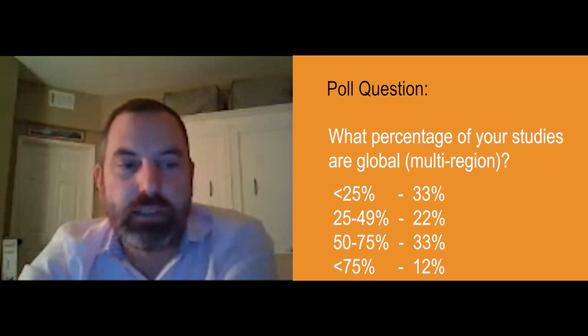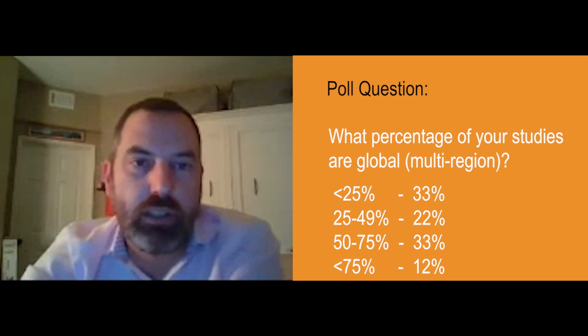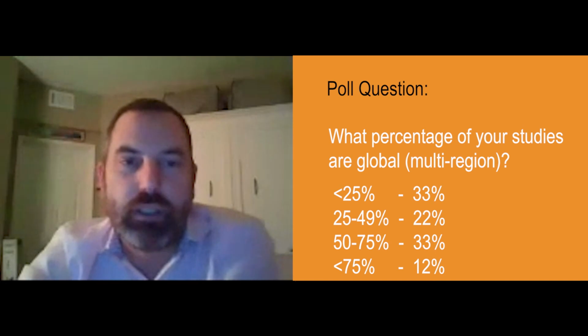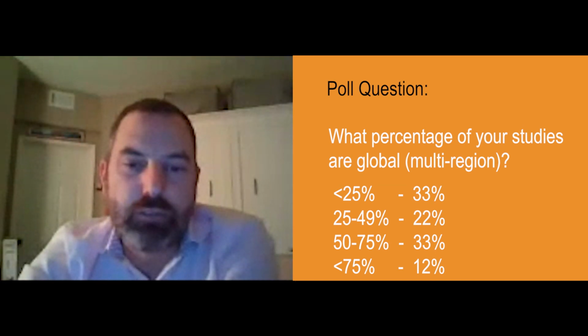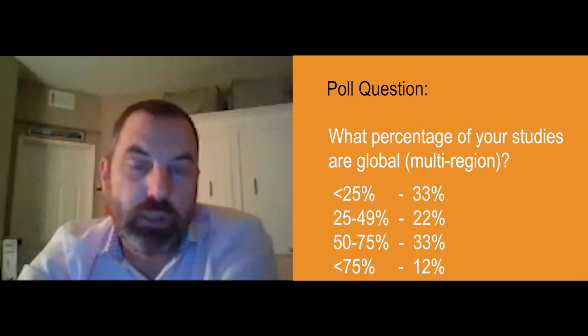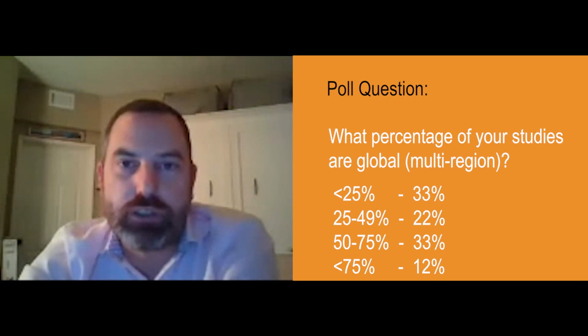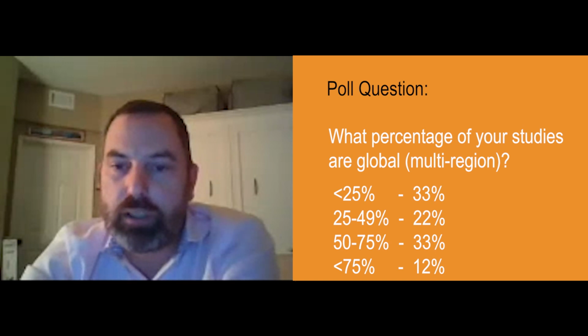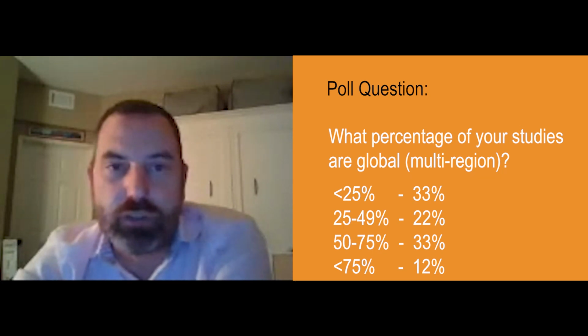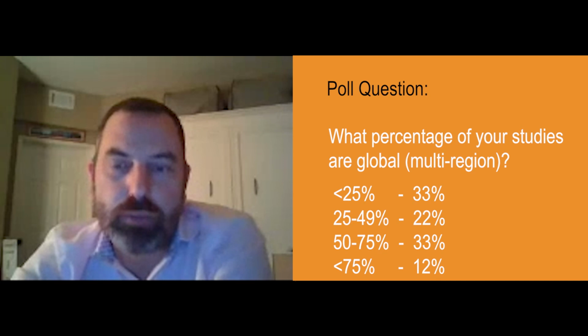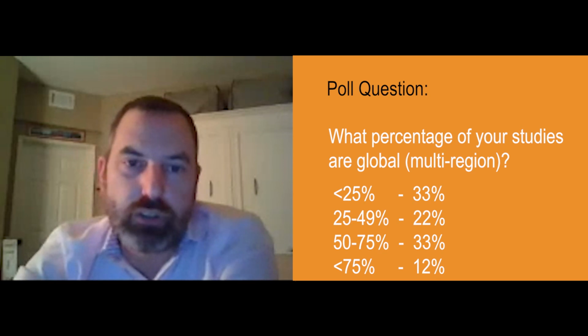I would expect in the current age that if you want to get an approval, it's almost a necessity to have data from multiple regions, especially if you want to ultimately get an approval in those regions. So it doesn't surprise me that the majority of people are working across multiple regions, and it speaks to the importance of making sure that you have the correct setup and that data can be used globally.